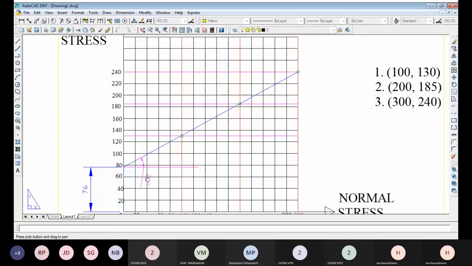So these shear parameters, that is cohesion, C, is equal to 76 kilonewton per meter square, and phi, angle of internal friction, is equal to 29 degrees.